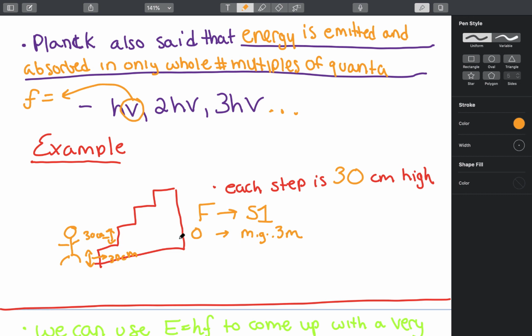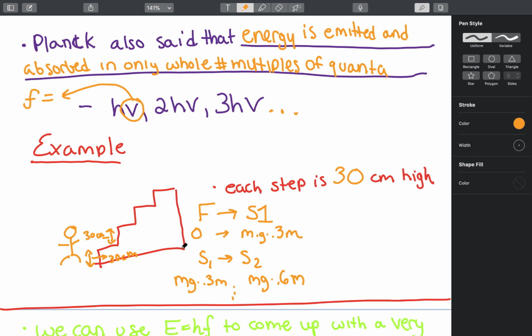However, the same thing is required from step 1 to step 2. In step 1, your potential energy is mg times 0.3 meters, and in step 2, your potential energy is mg times 0.6 meters, and so forth.